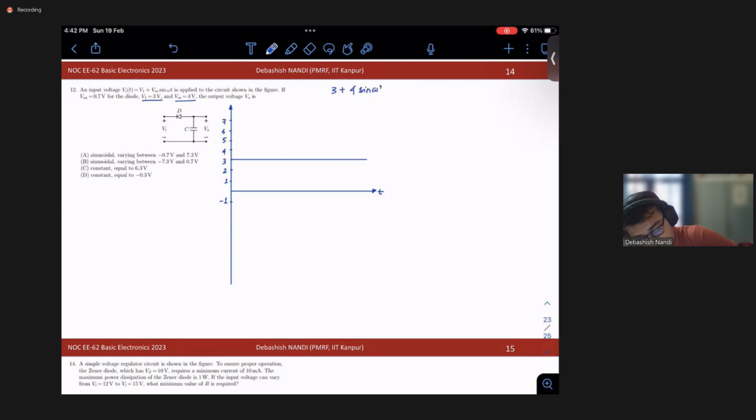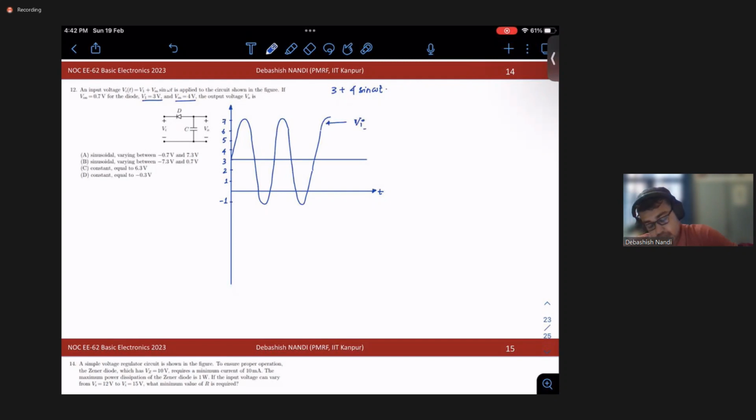So 3 plus 4 would be your 7, and minus 4 would be minus 1. So your voltage will swing like this. So this is basically your input voltage, VI.